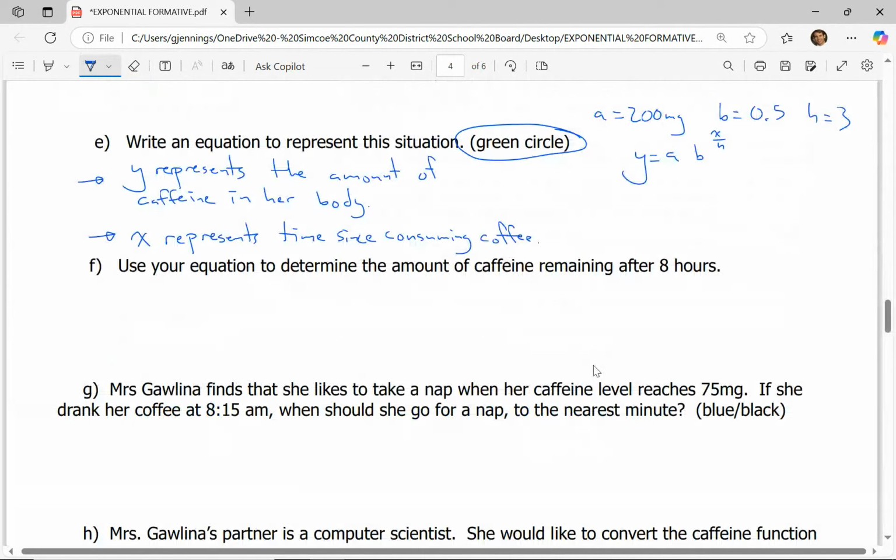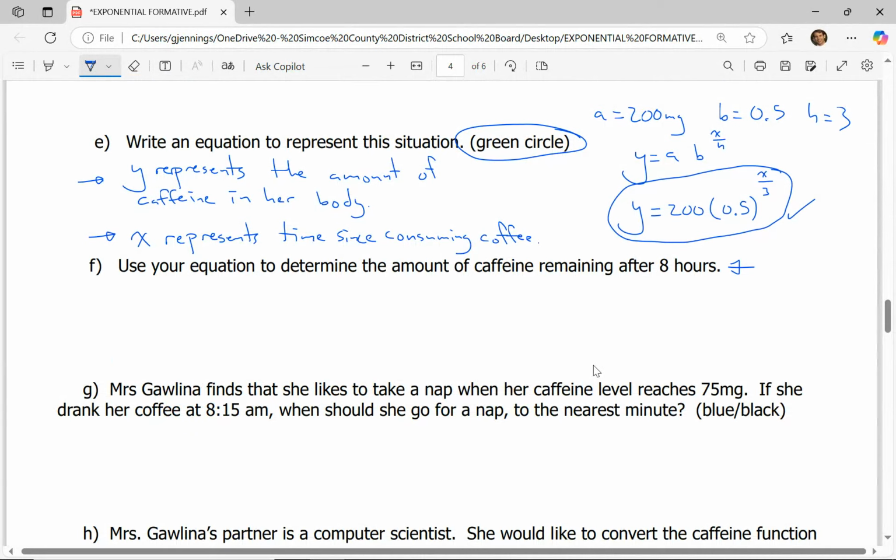Cool. Use your equation to determine the amount of caffeine remaining after 8 hours. Okay, fine. That would be y equals 200 multiplied by 0.5 raised to the power 8 on 3 equals, we just crunch that on a calculator. Clear. But we don't crunch blindly, folks.